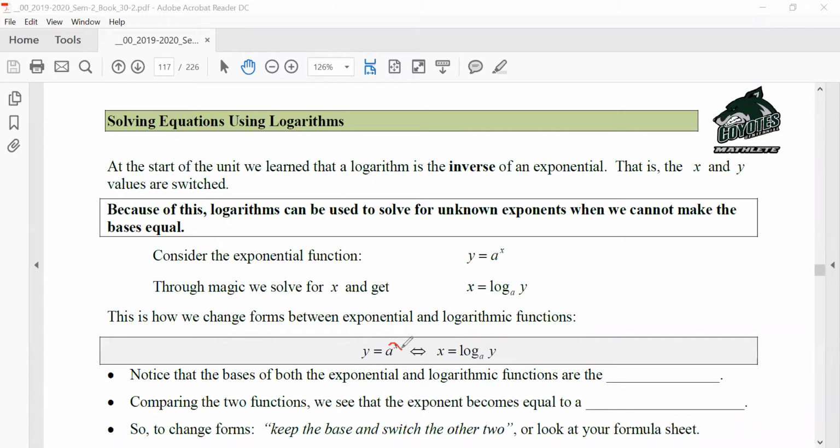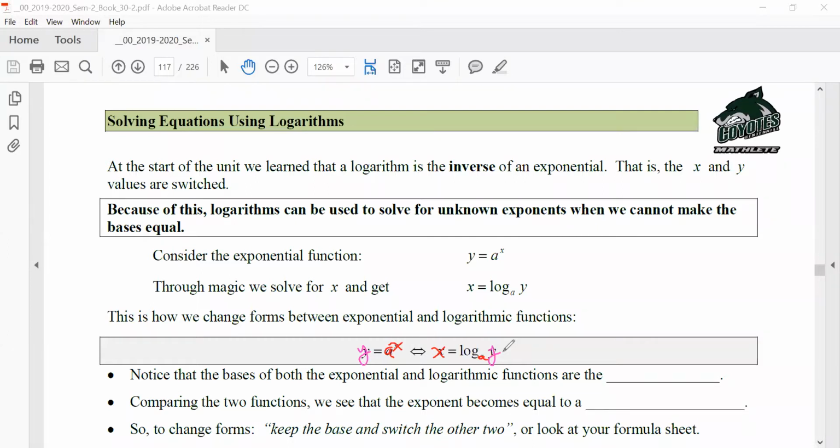Do you see the exponent? It comes down here, and do you see we've still got base a? The base stays the same. And you notice what happens with the x and the y values? They switch, they change positions.